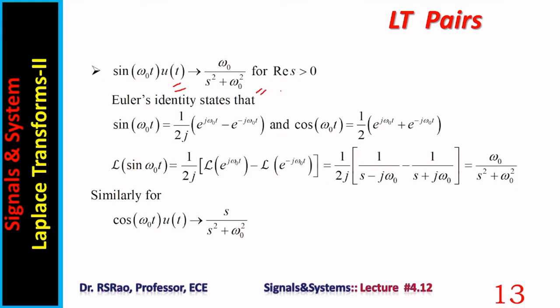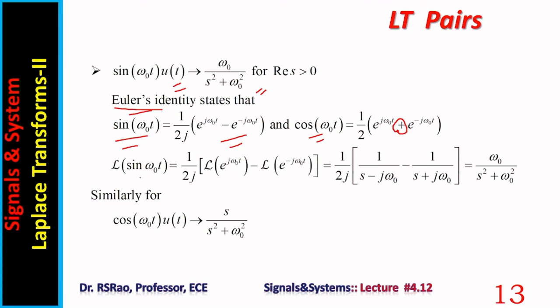One can get it very easily with the help of Euler's identity. Sin omega naught t can be written as 1 by 2j e power j omega naught t minus e power minus j omega naught t. This is Euler's identity. Of course, for cos, it is same except plus sign in between exponential function.